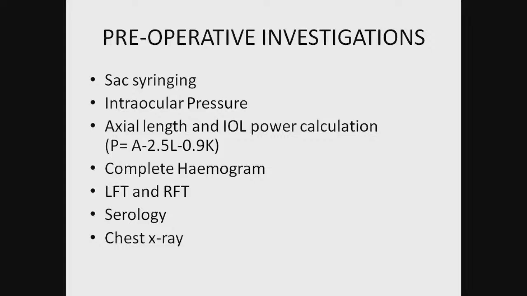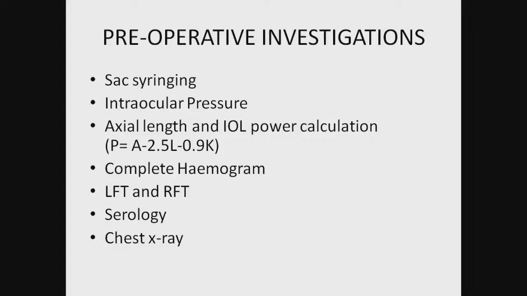So sac syringing is important. Then intraocular pressure. During the local examination, you have seen the intraocular pressure digitally. But digitally, sometimes there can be a misjudgment, and we cannot have a correct idea about the intraocular pressure. If intraocular pressure is high and you are operating for the cataract, there is a chance of expulsive choroidal hemorrhage.